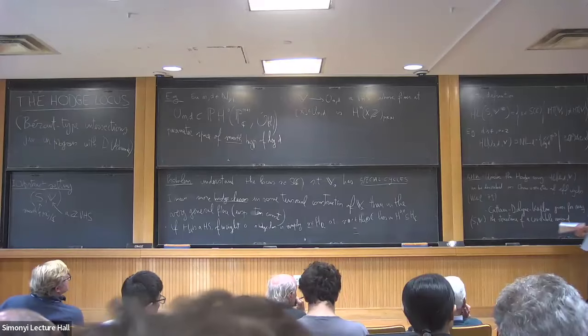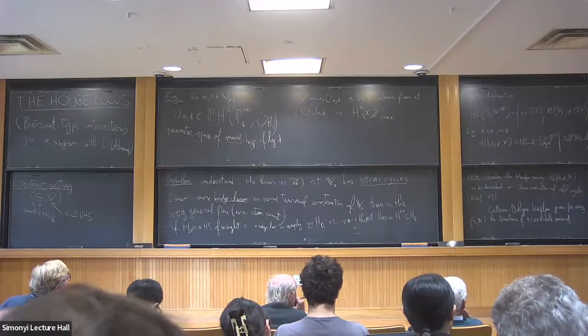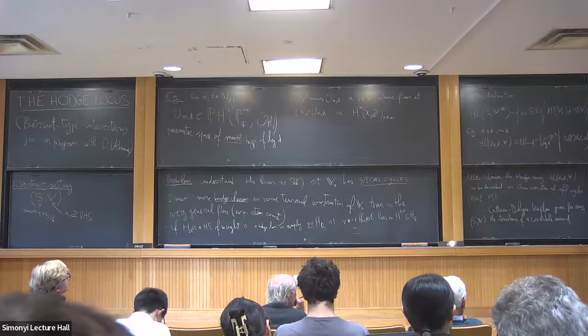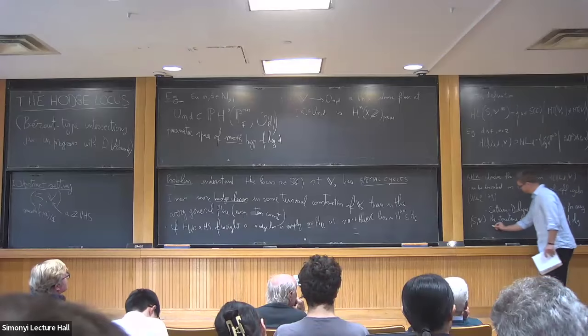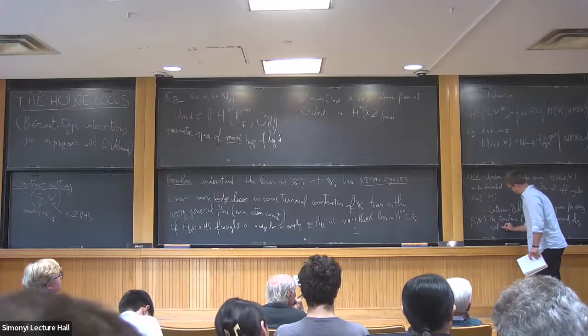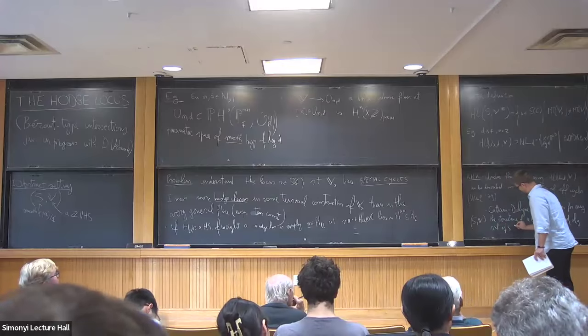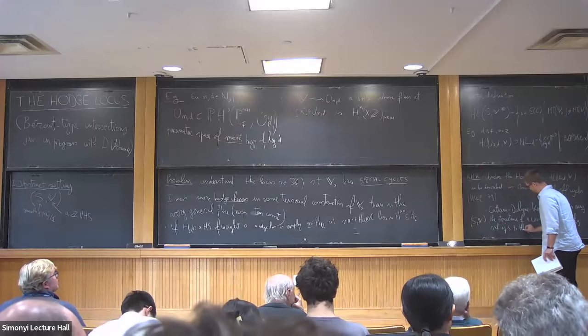So countable could mean finite. Countable in the sense that it is the cardinality of a subset of the natural numbers. The varieties of S to any Hodge locus.